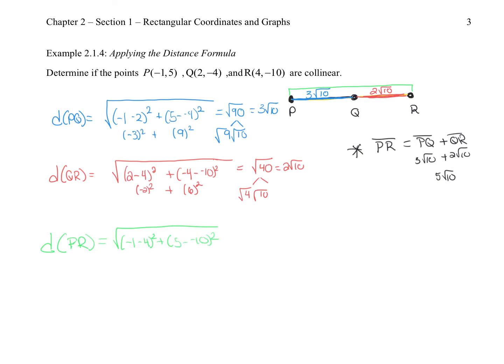So when I do this, I get negative 5 squared plus 15 squared, which is 25 plus 225, which is square root 250. And 250 is 25 times 10. Square root of 25 is 5 root 10. And you can see that this matches this, so yes, they are collinear.